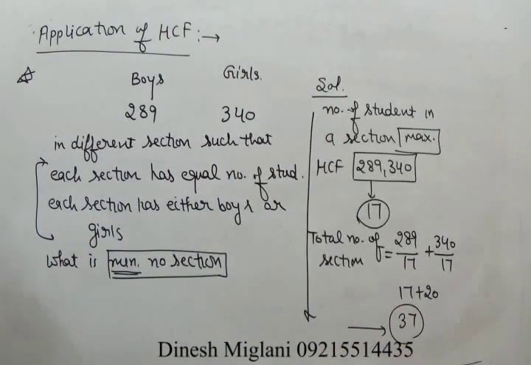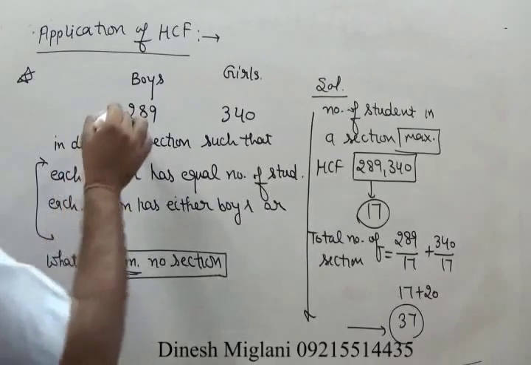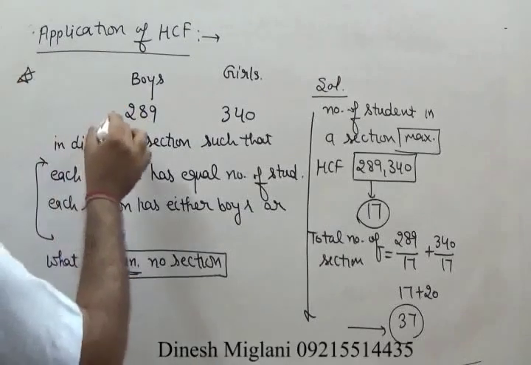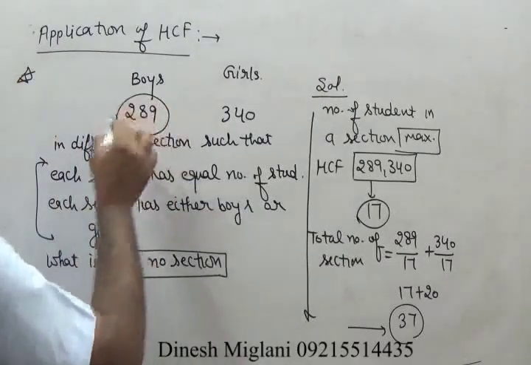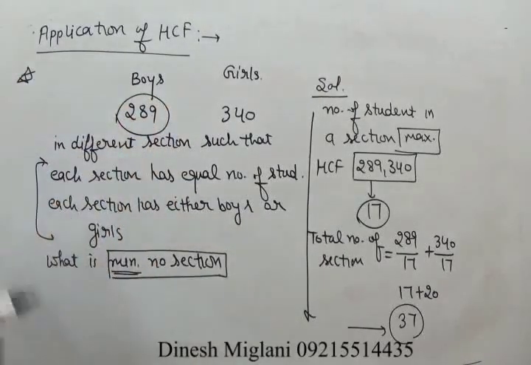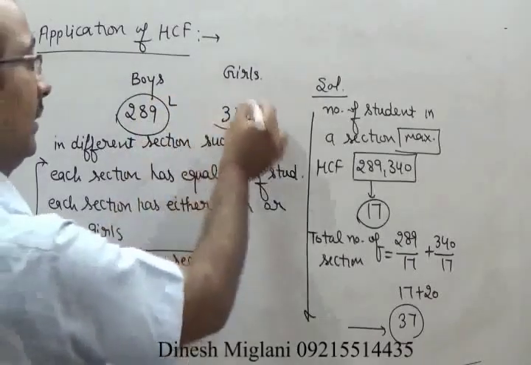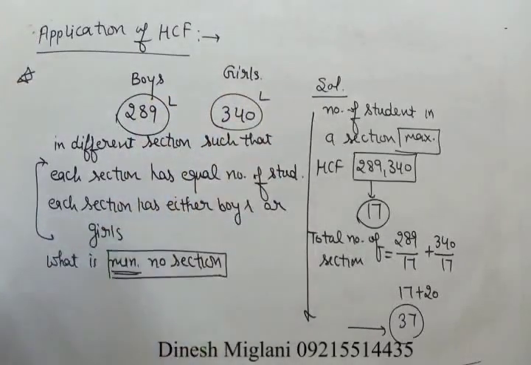The same question may be asked in a different way. He may state that you have two varieties of milk, or two different carriers of milk, different buckets. The first bucket contains 289 liters, the second contains 340 liters.